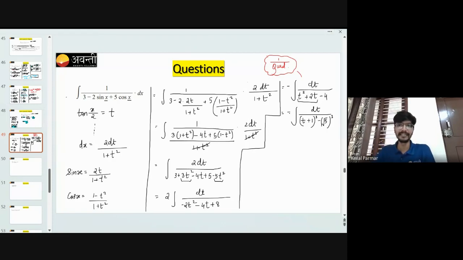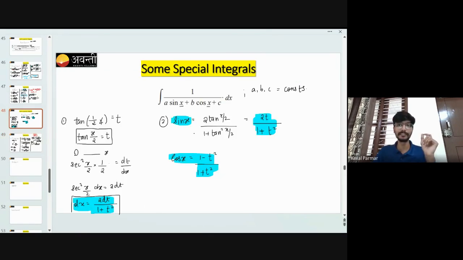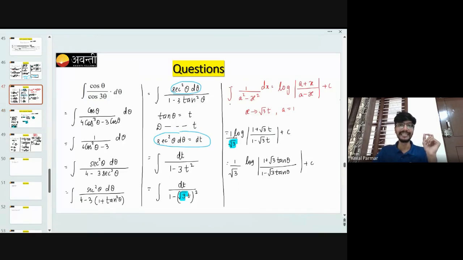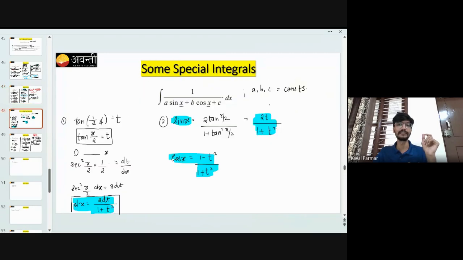So what is the answer here? If we take the minus inside, I'll get integration of dt over root 5 square minus t plus 1 the whole square. What this format looks like is exactly the same as the previous question, a square minus x square.